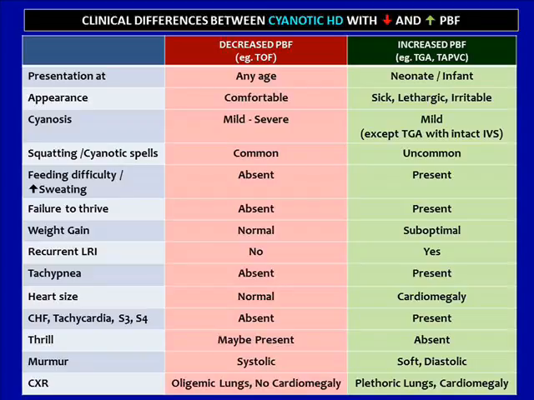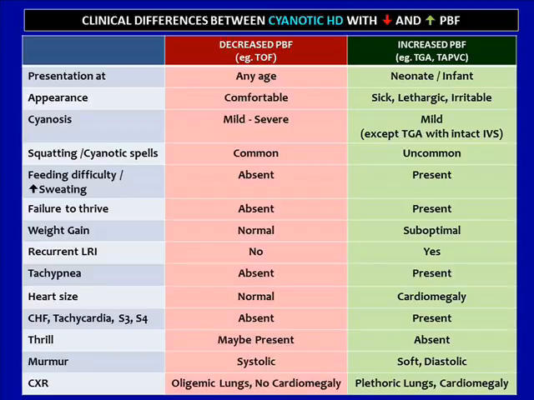They do not have recurrent LRI, there is no tachypnea, the heart size is normal, heart failure, tachycardia, S3, S4, etc. are absent. Thrill may be present, systolic murmurs occur, and the chest X-ray shows oligemic lungs and no cardiomegaly.